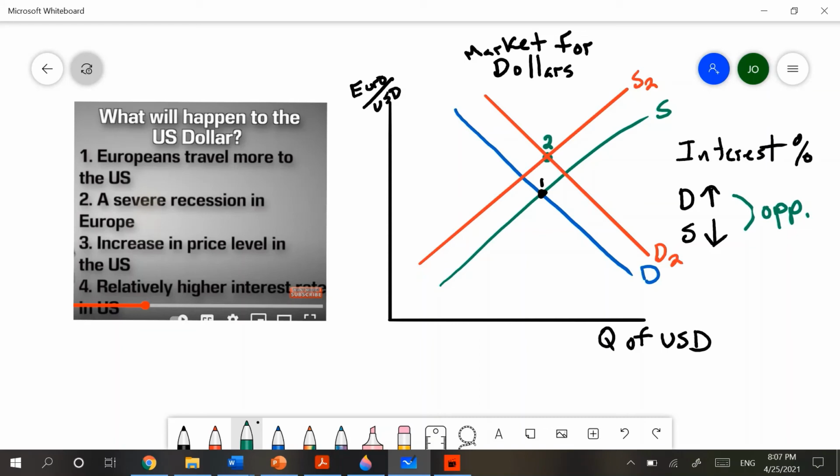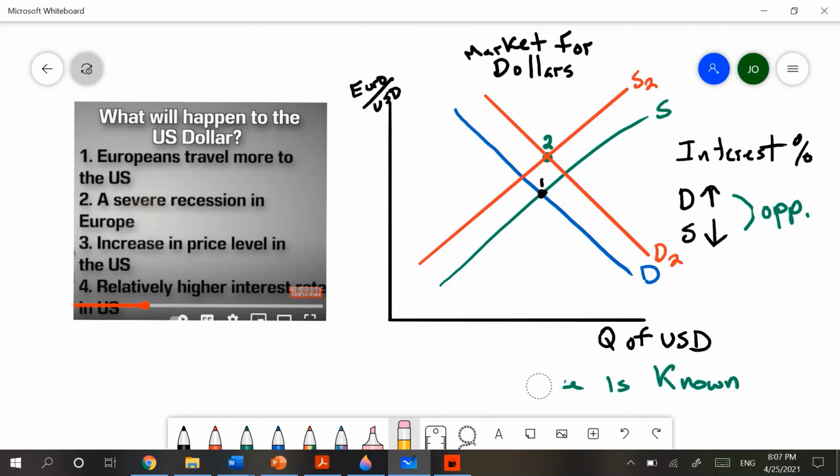The only thing we know is what happens to price. Quantity is indeterminate, and for the purposes of this analysis, we don't really need to know what's going to happen to the quantity of US dollars in the market for dollars. We just want to know what's going to happen to the exchange rate. And I told you that when you have two different shifts, always follow demand.